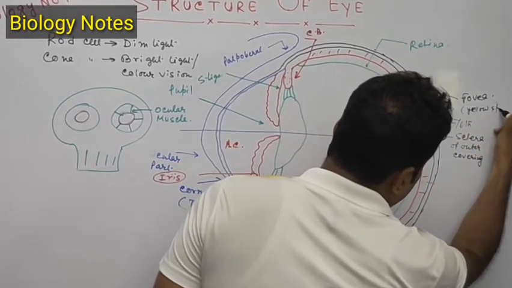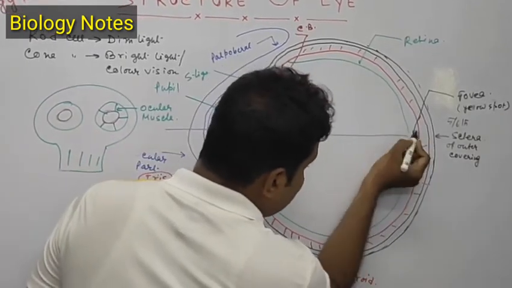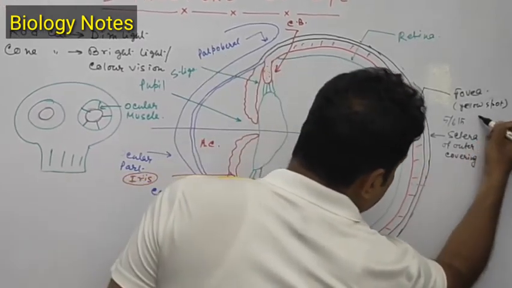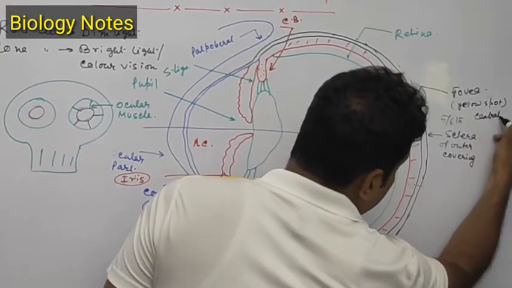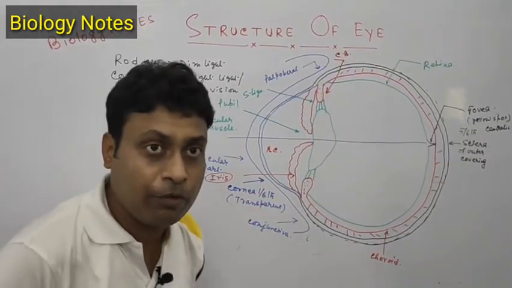In this part a small depression can be seen, and this depression is known as fovea centralis. This is very, very important from an examination point of view.